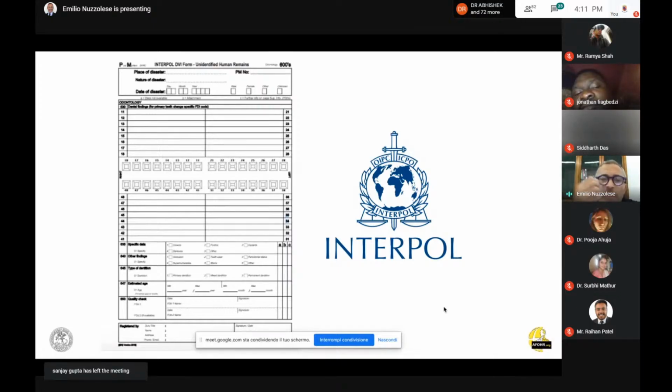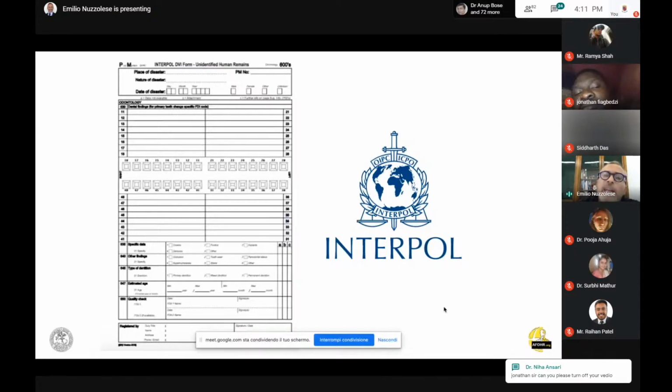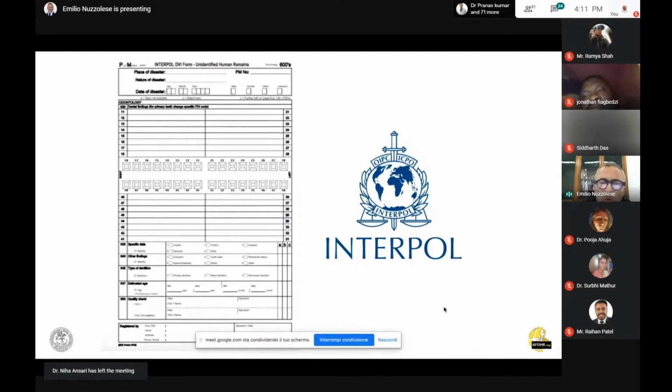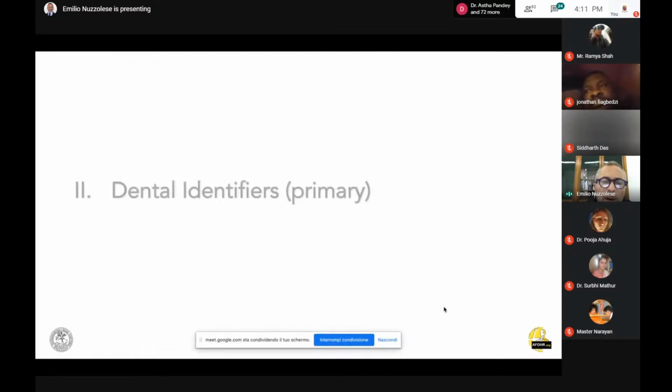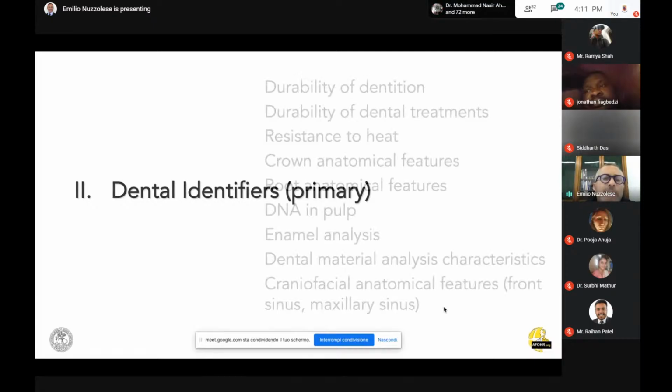For this reason, it would be useless for us to report only in Italian what we have collected during a dental autopsy, because the person we need to identify may not be Italian, and we may need to circulate the post-mortem sheet to other law enforcement agencies and to odontologists of other countries. For this reason, we need to use a universal code, universal forms, like the forms proposed and recommended by Interpol.